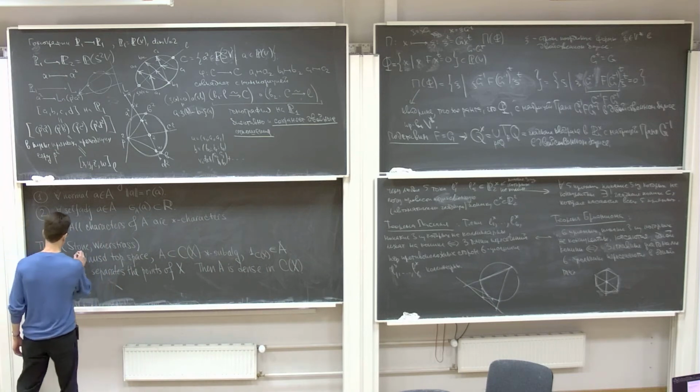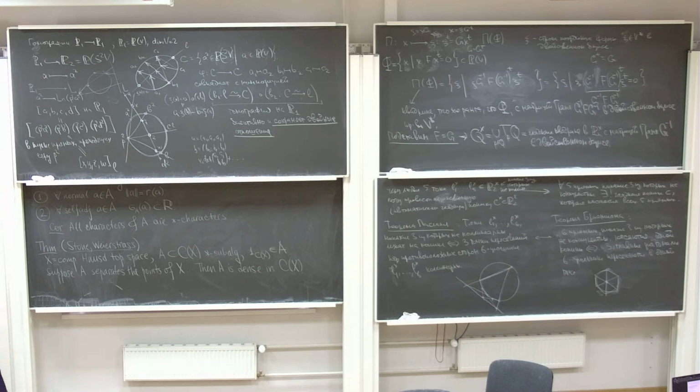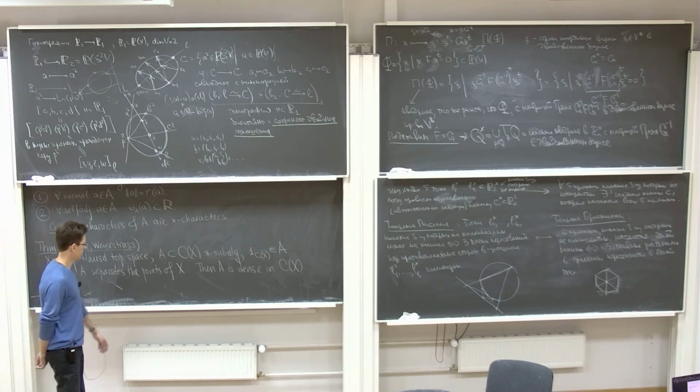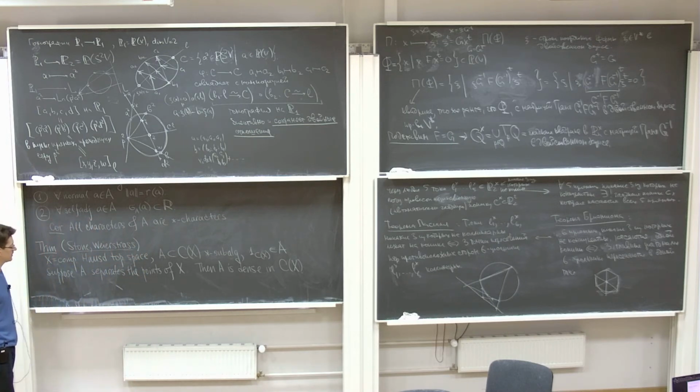So this is a useful result in general topology that we will need in our proof of the Gelfand-Naimark theorem. I'd like to stress once again that sometimes in courses of calculus or in courses of general topology, you can meet a real version of this theorem, which works with algebras over the real numbers.